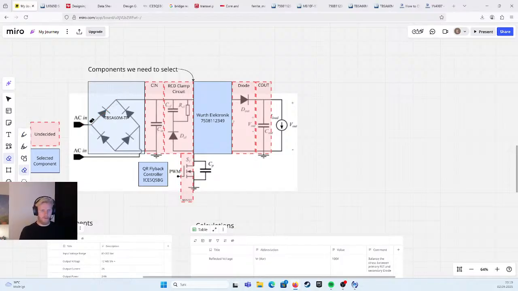Right. So this is the output, right? Let's say this is V out, and this is 0 volts.